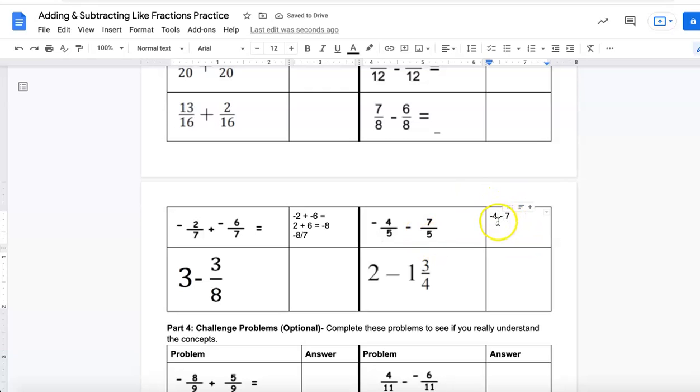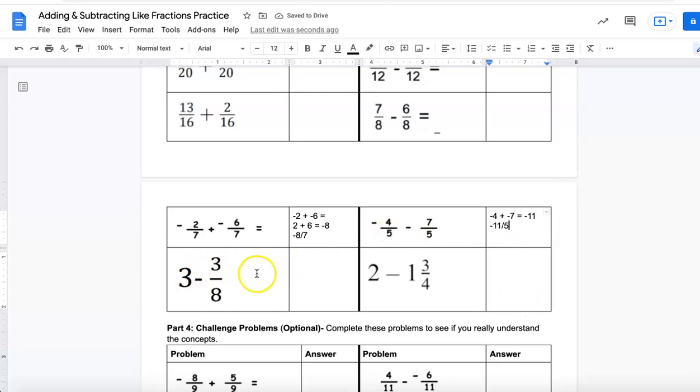And remember, when you're subtracting a positive number, and yes, this is a positive 7, or else it would have a negative there, subtracting a positive is the same as adding a negative. So this actually on the top becomes negative 4 plus negative 7, which is negative 11. Add the numbers 4 plus 7, which is 11. Keep the sign. And then you put that number, negative 11 over 5.